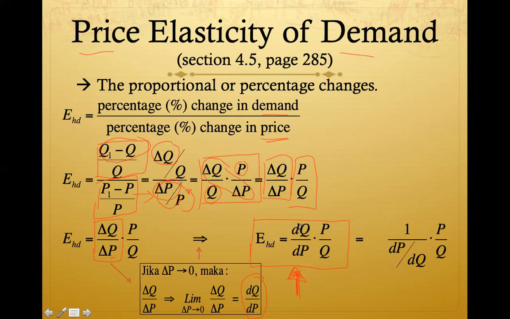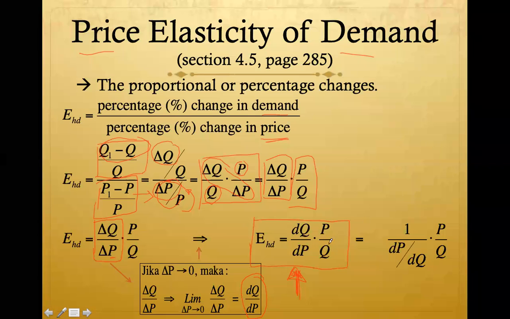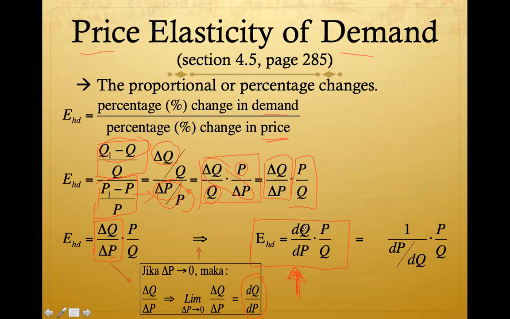Elasticity of demand equals dQ by dP times P divided by Q. Or if P is given as a function of Q, then sometimes we don't need to change it to Q as a function of P first, but we can just differentiate it and move it to the back, so it becomes 1 divided by dP by dQ, times P divided by Q.